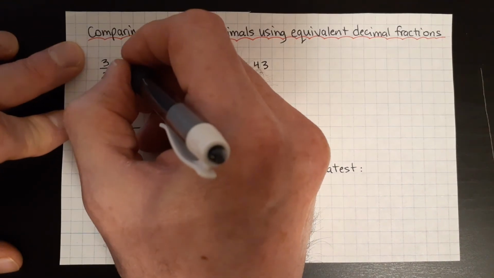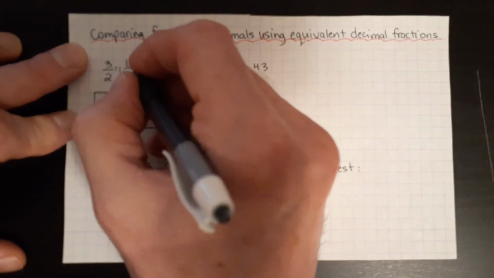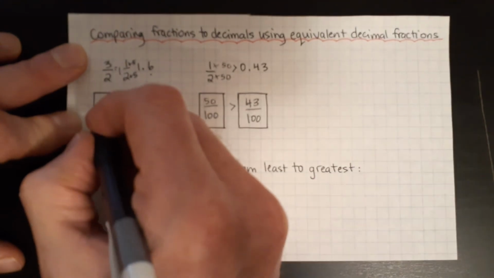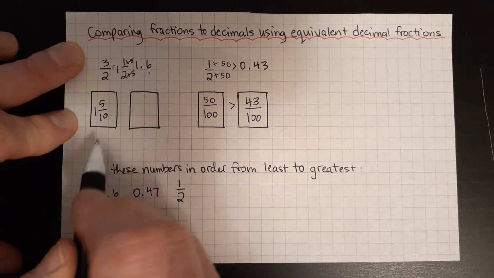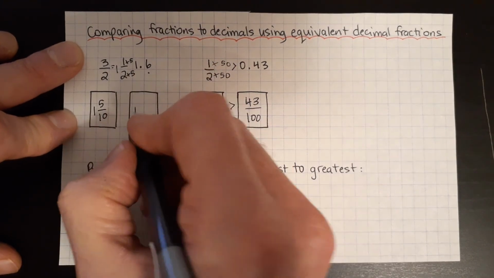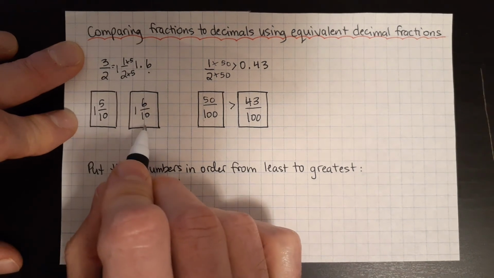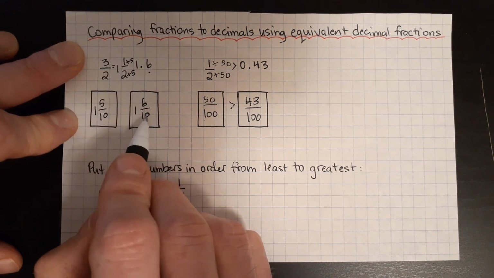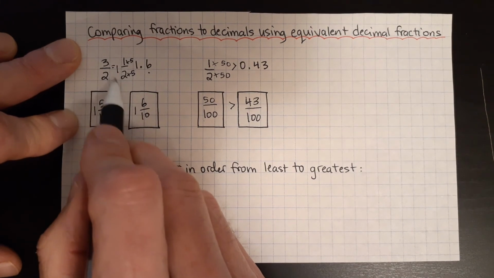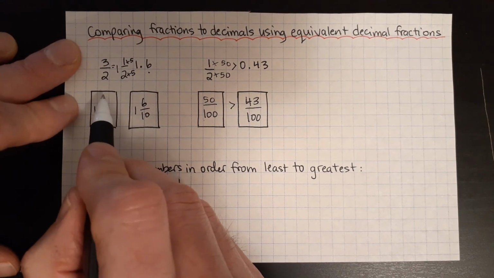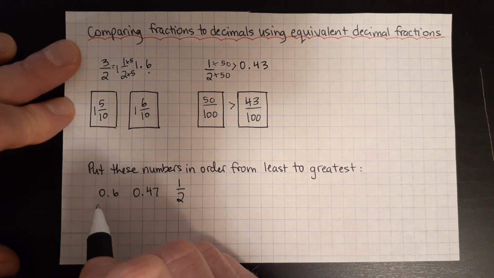So I'm going to multiply 1/2 by a factor of 5. So that's going to give me 1 and 5/10, because 5/10 is the equivalent fraction to 1/2. And then 0.6 converts to 6/10. So 1.6 is equivalent to 1 and 6/10. 3/2 is equivalent to 1 and 1/2, which is equivalent to 1 and 5/10. So that means that 3/2 is equivalent to 1 and 5/10.